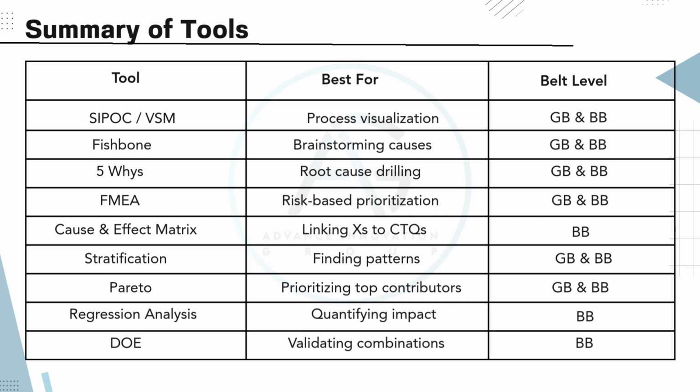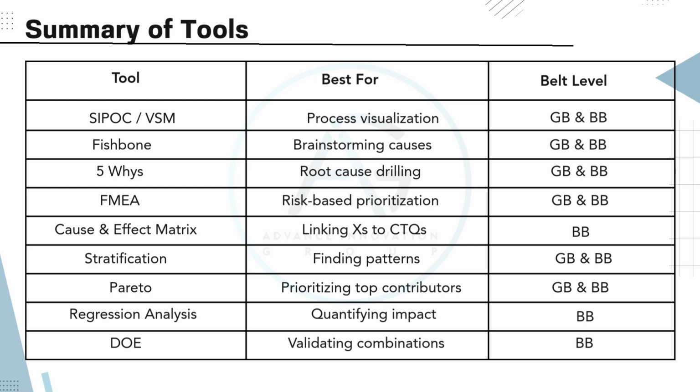This is black belt level. DOE, design of experiments, is used to validate combinations of inputs, very powerful for identifying optimal process settings, also for black belts. This table helps you decide which tools are appropriate at which belt level and for what type of problem-solving scenario.